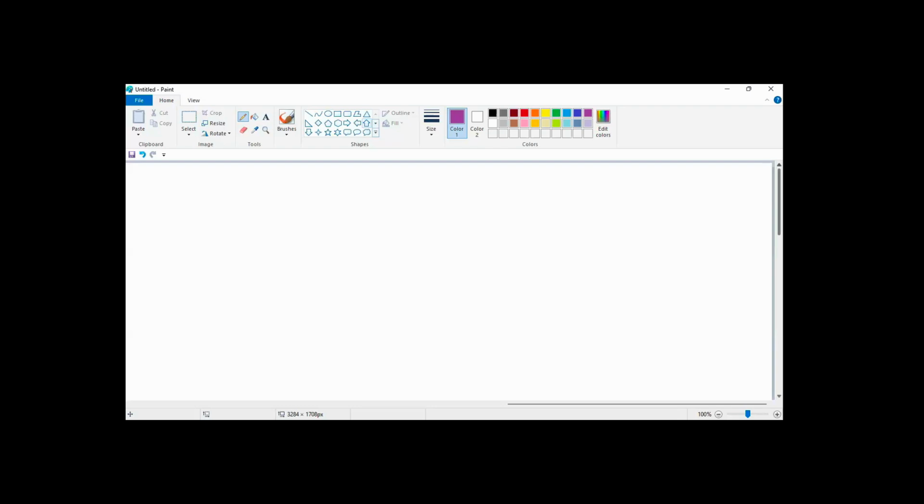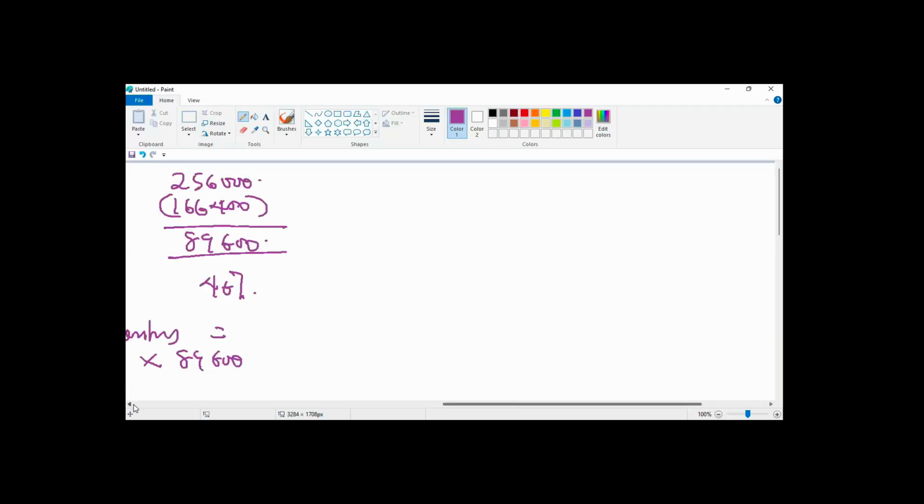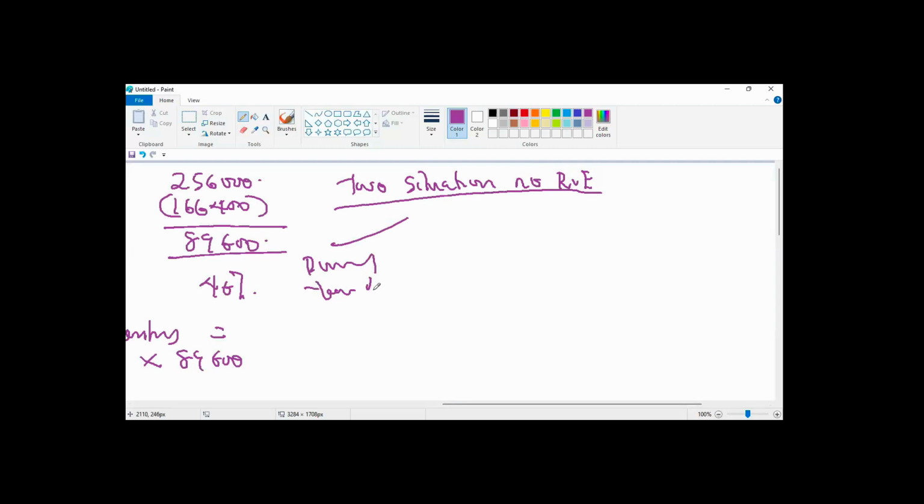Don't forget, they will not give me retained earnings because it is during the year acquisition. Retained earnings will not be given in 2 circumstances in exam. What are the 2 situations whereby retained earnings will not be given? 1, when it is during the year acquisition.